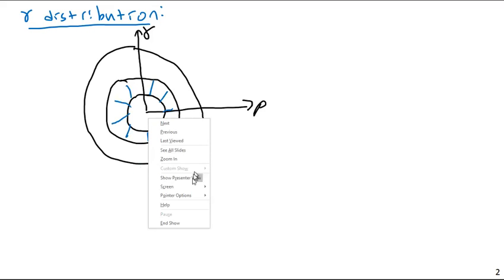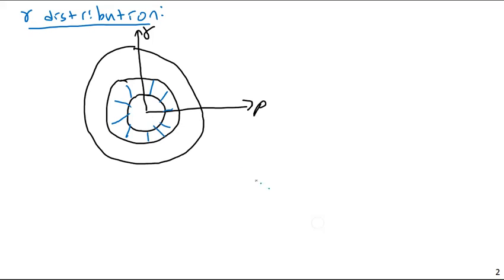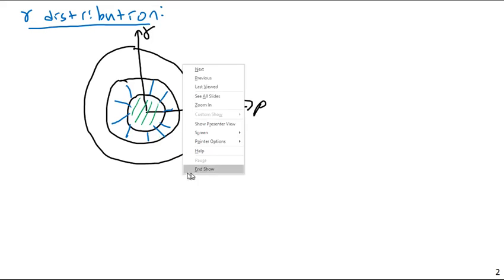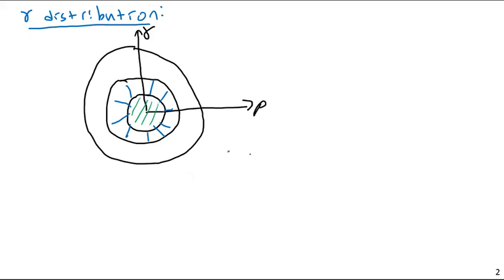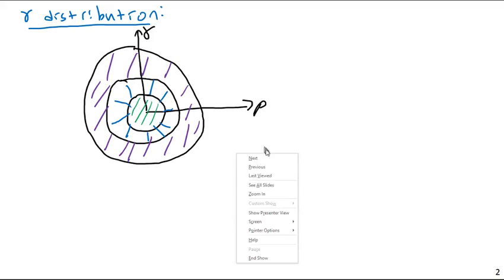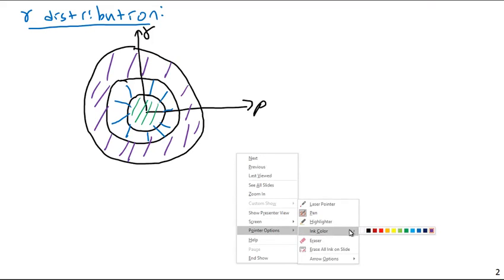So to label these zones clearly, let me label a green region, a blue region, and perhaps an orange region, or maybe even a purple region, just for fun. Okay, so what are each of these things? Well, first of all, the cross section is the outer surface area.